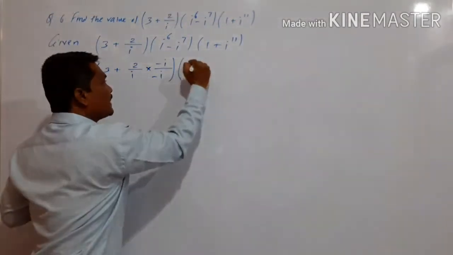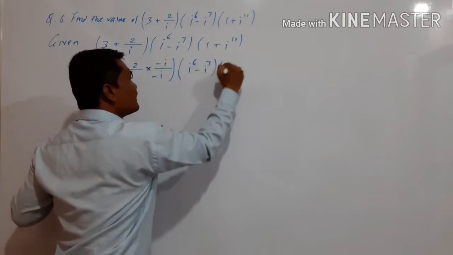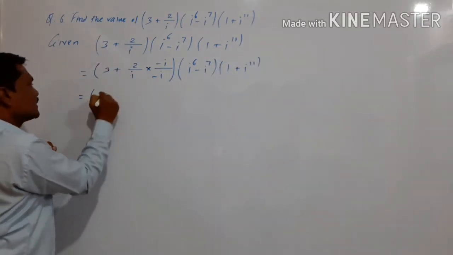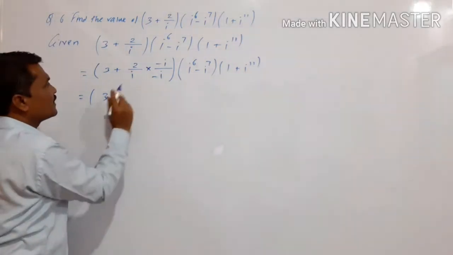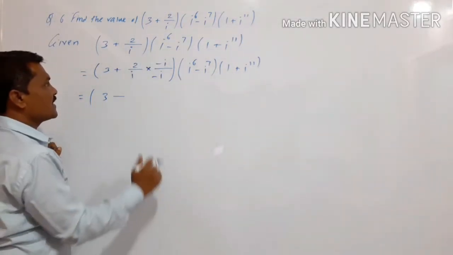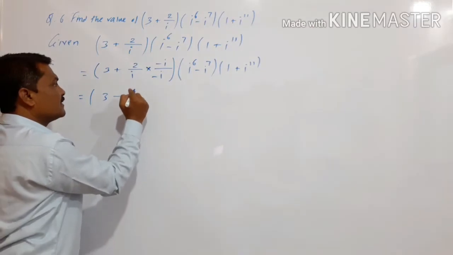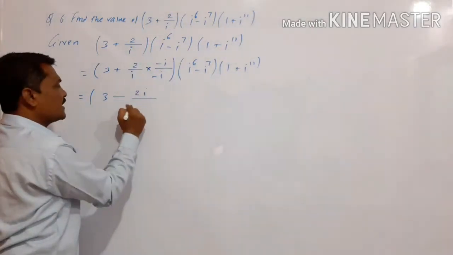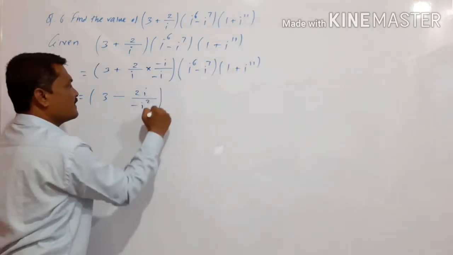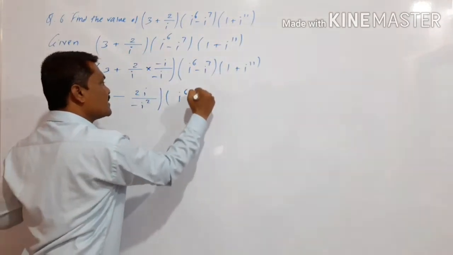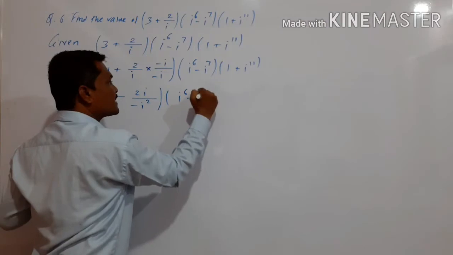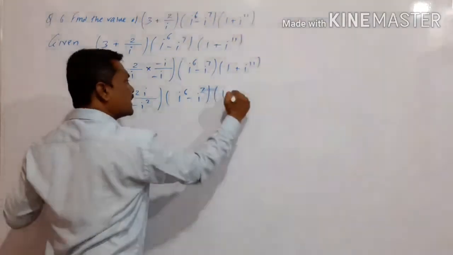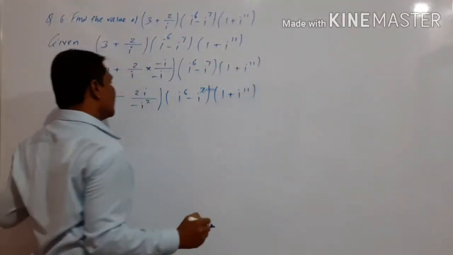In the second bracket, i⁶ - i⁷, and 1 + i¹¹. 3 as it is. 2 into -i, that is -2i. i into -i, that is -i². Then i⁶ - i⁷ in the second bracket, and in the third bracket 1 + i¹¹.